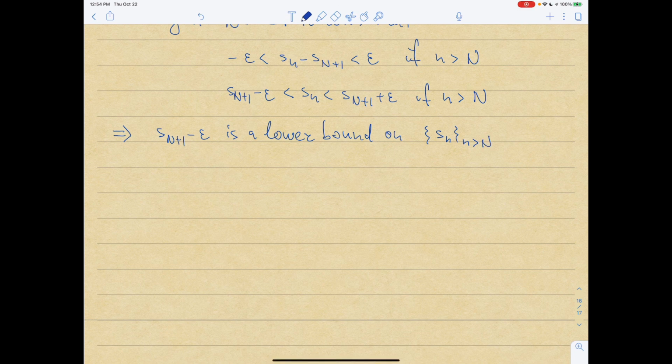Because this relationship is true for any n which is bigger than capital N. So once I fix capital N, S capital N plus 1 is a number, and epsilon is a fixed number from the beginning, so this is a fixed number. And likewise, S capital N plus 1 plus epsilon is going to be an upper bound on the same set.